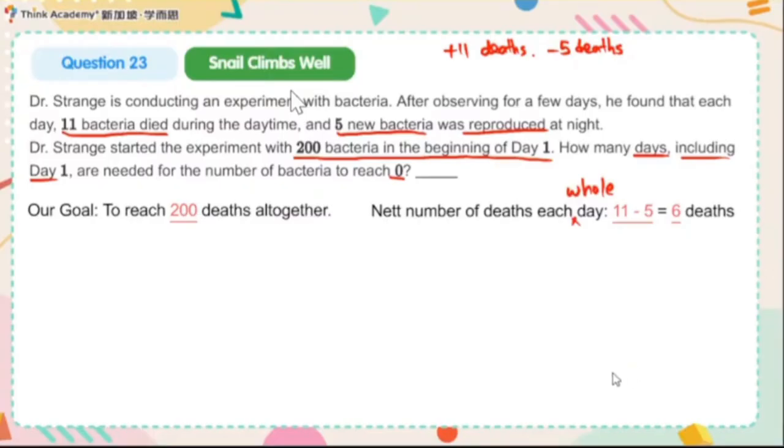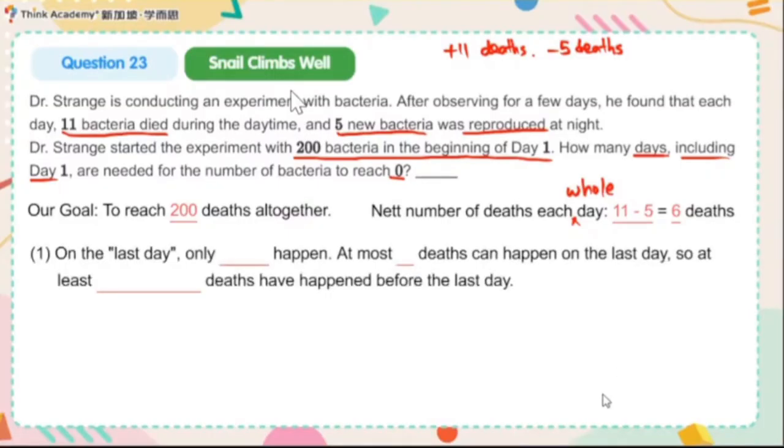When you think about it, I said just now, in the snail climbing the well problem, which day is special? The last day is special. I don't know which day it is, but it is definitely the last day. Only deaths will happen. It will be when all of the 200 bacteria have died, and once they die, no more bacteria can reproduce.